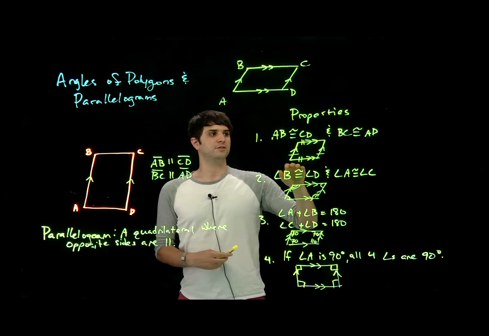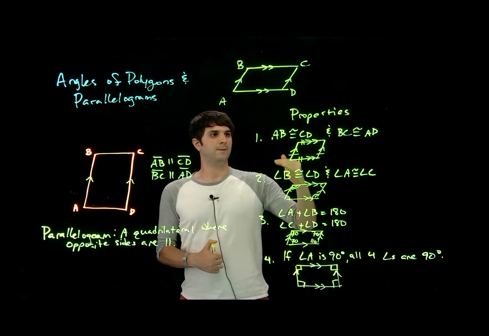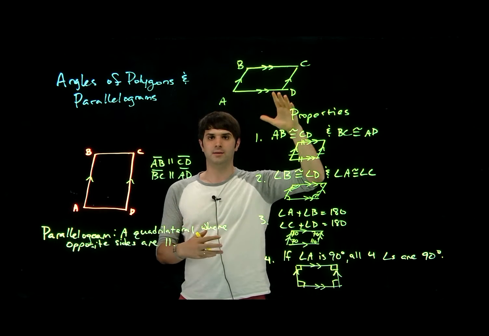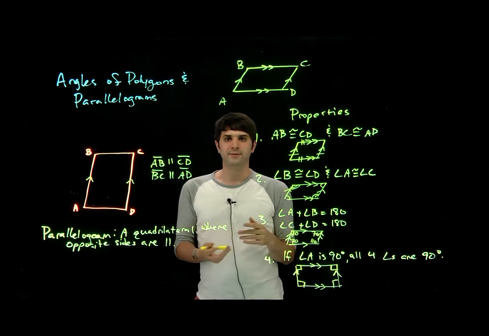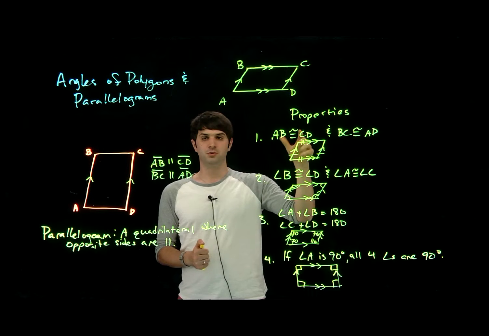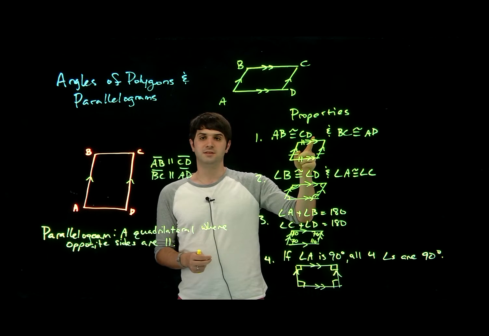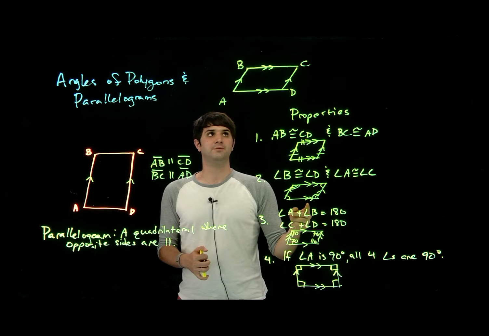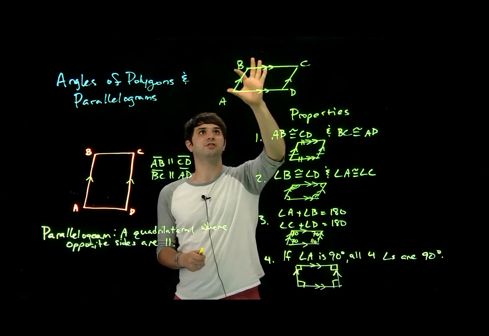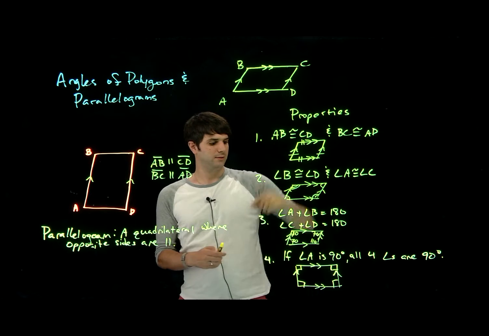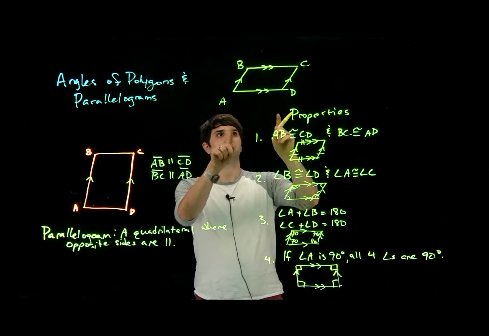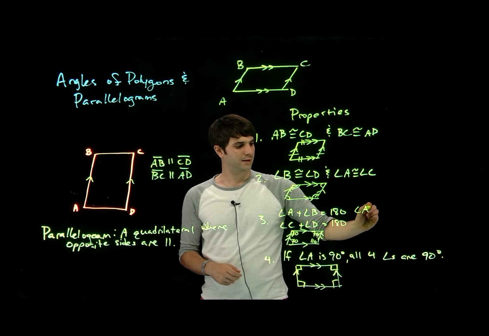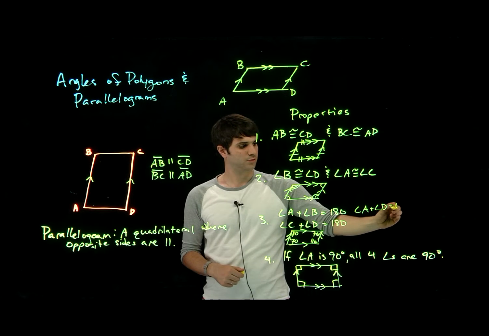So these four properties. Okay, let me summarize again. If you have a parallelogram, so the given must be that the opposite sides are parallel. This doesn't apply to every quadrilateral, but if the two pairs of sides are parallel, then opposite sides are congruent, opposite angles are congruent, and angles on the same side add to 180, and so it's not just A and B and C and D. It's also AD, so angle A plus angle D equals 180.